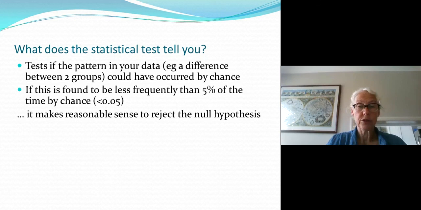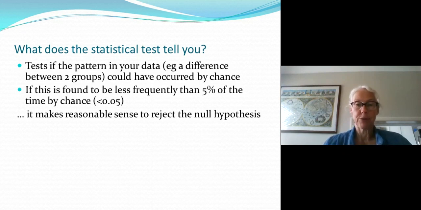So what does a statistical test tell you? It tests the pattern in your data. So for example, whether there is a difference between two groups, so you might be looking at men and women and whether they're going to attend a rock concert. And you want to have a look and see whether there's actually a difference between those two groups and whether that could have occurred by chance.